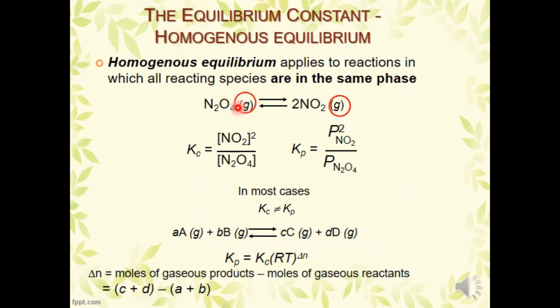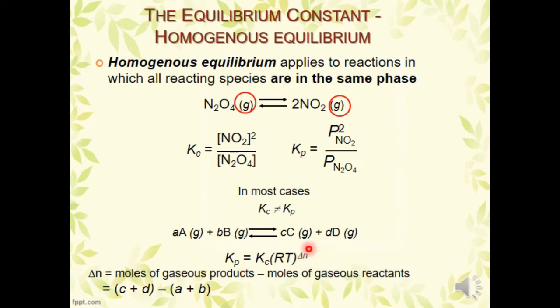So we can write the expression using Kc as well as Kp. However, in most cases, the values of Kc and Kp would not be the same. To relate these two, we use this formula here, where R is the gas constant, and this one indicates the change in number of moles.